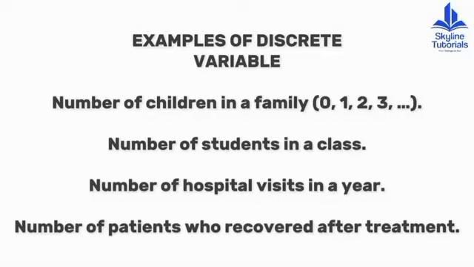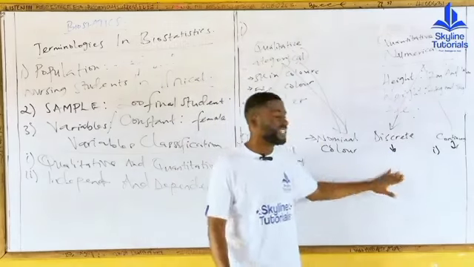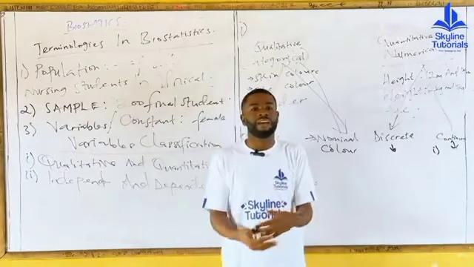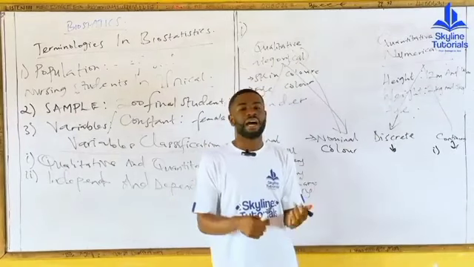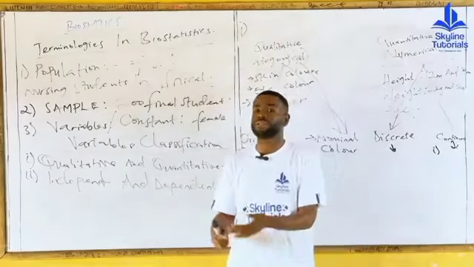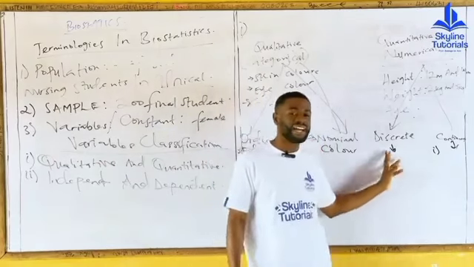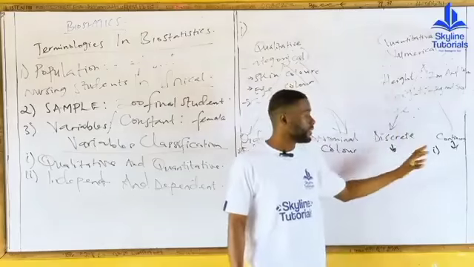Let's say I walk into a ward with a maximum of 10 patients, and there are 10. That's a fixed number. Or the number of people in your family, there are 5. That's fixed. Any variable that is fixed and requires counting is seen as a discrete variable under quantitative.